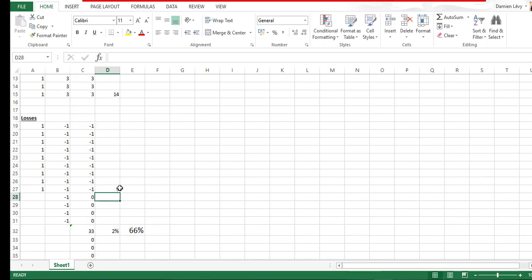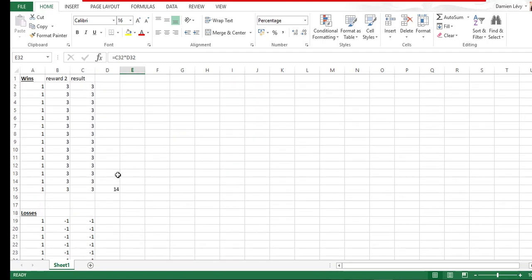So 14 times 3 equal 42. Yeah, 42 minus 9, 33. So the counter here is right. 33 reward overall. Profit, so times 2%, we have 66% profit on the week using this specific strategy, taking 3 reward and using 2%.